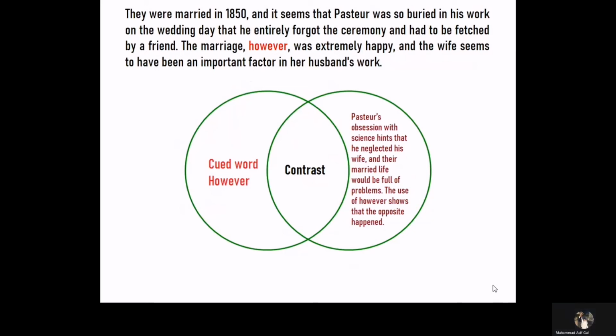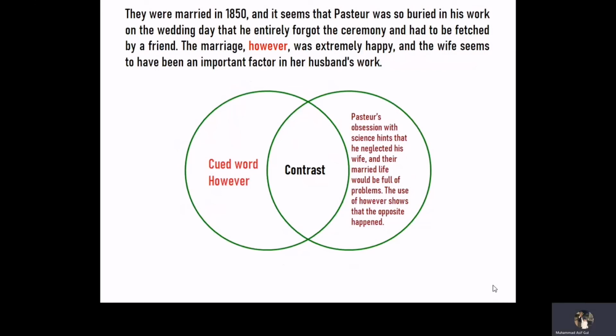We can understand that Pasteur's obsession with science hints that he neglected his wife, and their married life would be full of problems. The use of however shows that the opposite happened, that their life was a success. They had a happy married life. So by using this activity, we have come to learn the actual message of this paragraph.